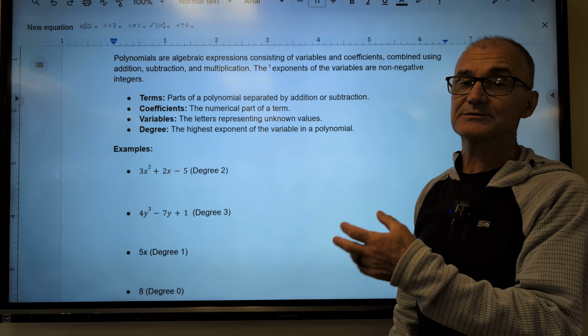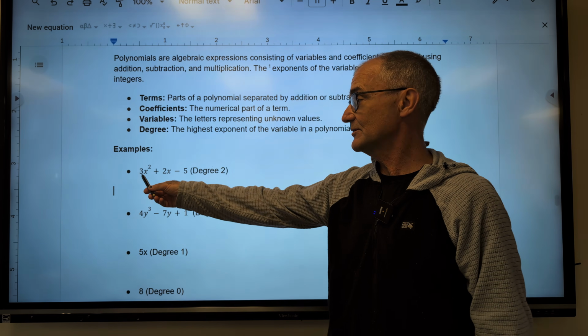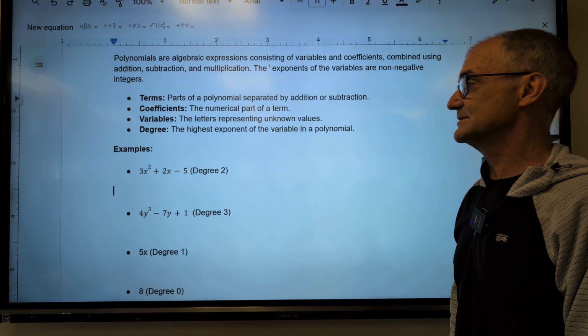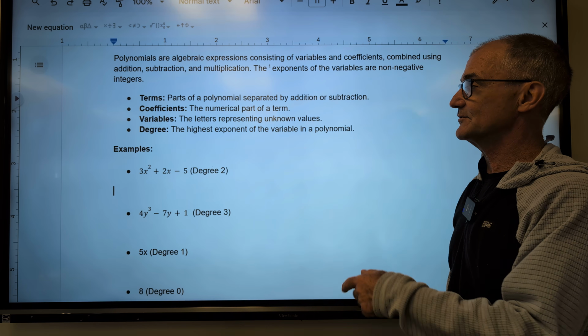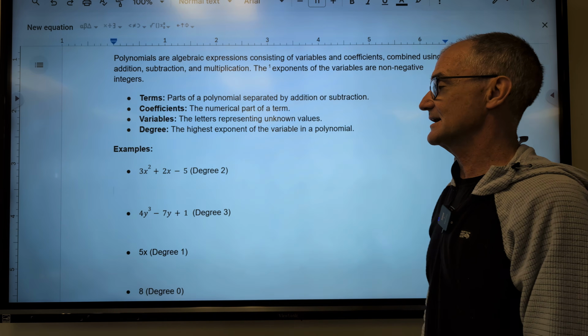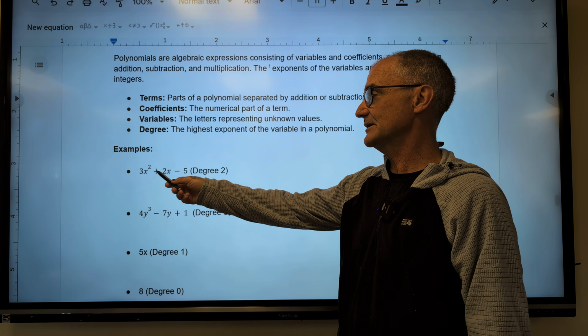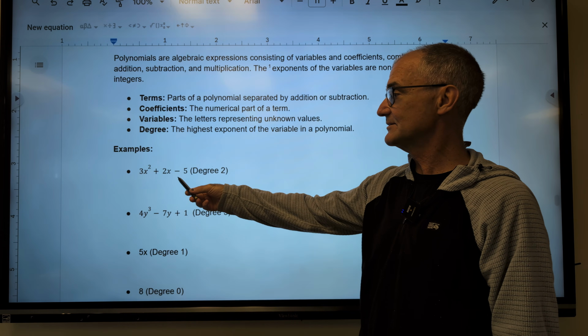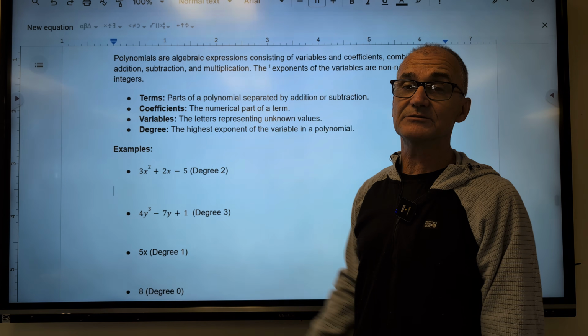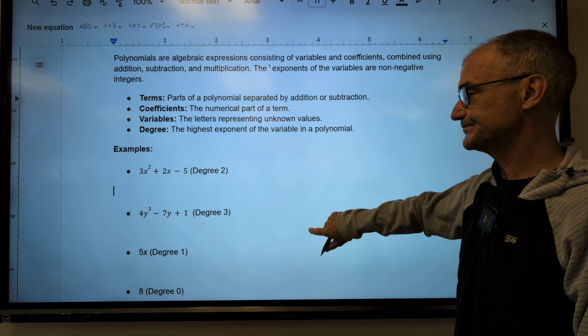That term is made up of two different parts: the coefficient, the 3 in the front, and the x, the variable itself. You could refer to the degree of the polynomial by the highest exponent. So 3x squared plus 2x minus 5. The highest exponent in here is a 2, so this is a second degree polynomial.